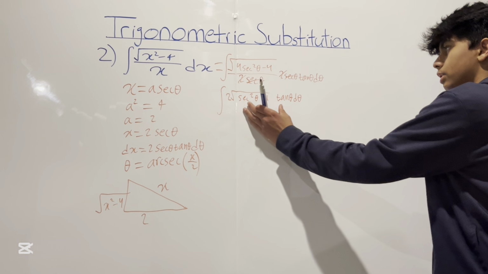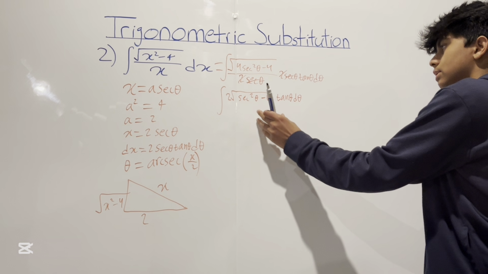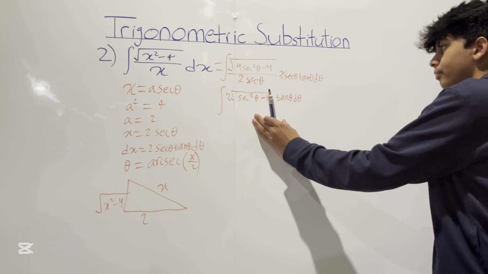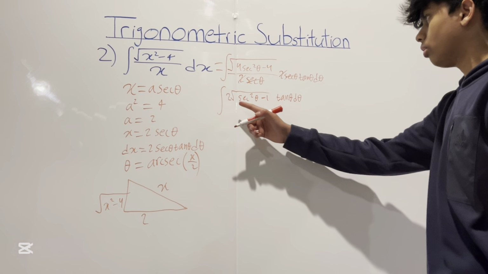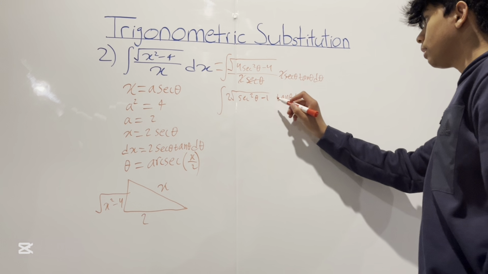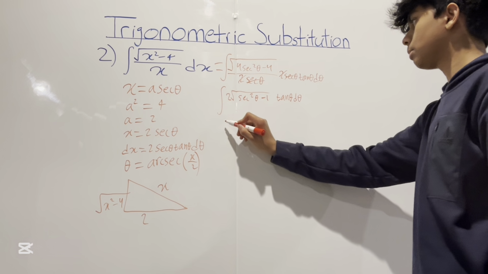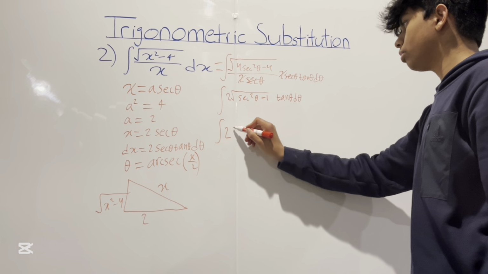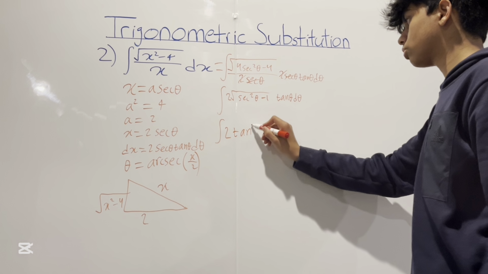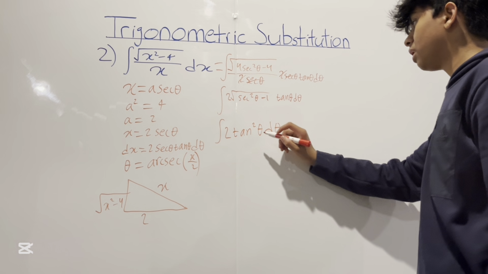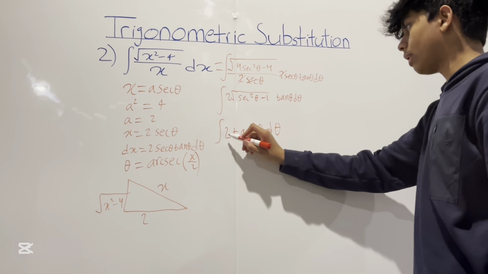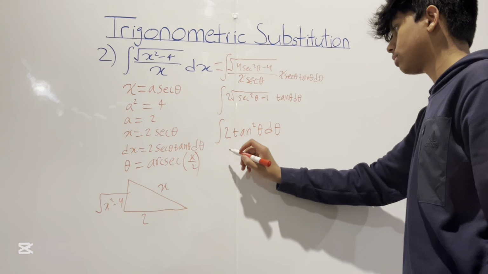Now secant squared theta minus 1 is the same as tan squared theta, and the square root of tan squared is just tan. So this is going to be 2 tan theta times tan theta d theta. So we can simplify this to be 2 tan squared theta d theta. First let's move this 2 outside.